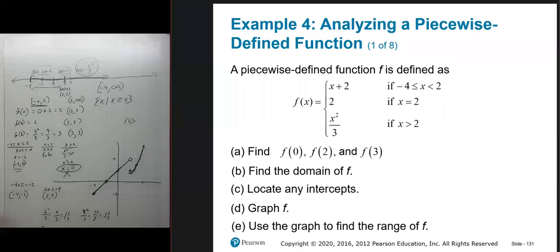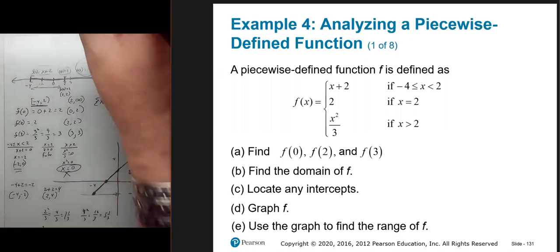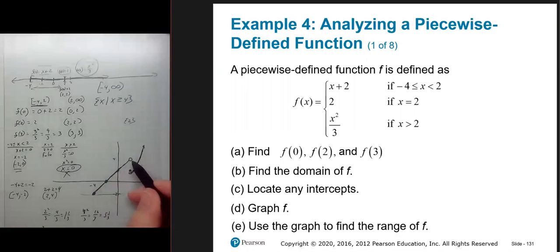Now, looking at the range, we have a lowest y value. The lowest y value is at -2. And the y values start at -2 and go up forever because we have a little bit of overlap here, but it covers all those y values. So it goes from y equals -2 to infinity.